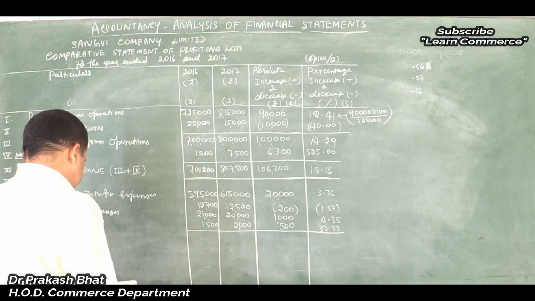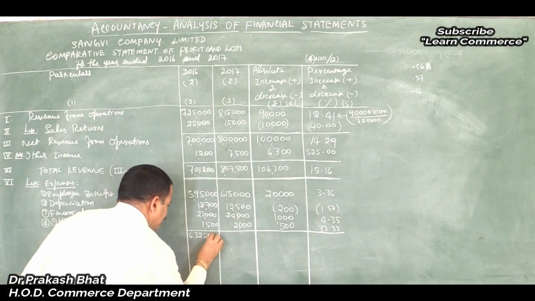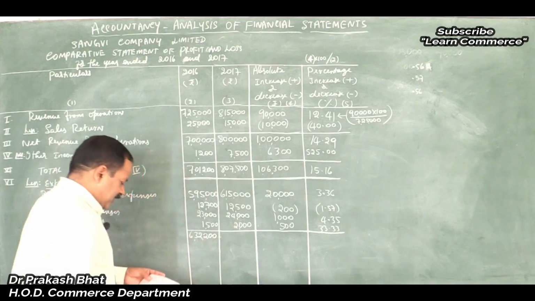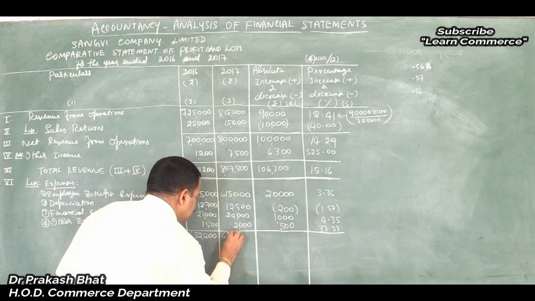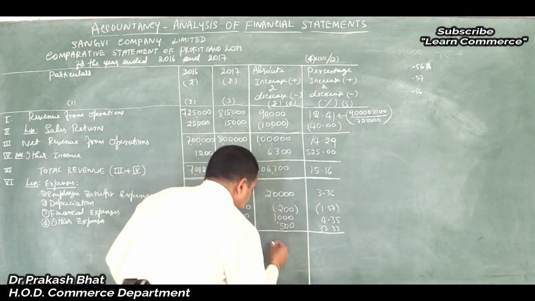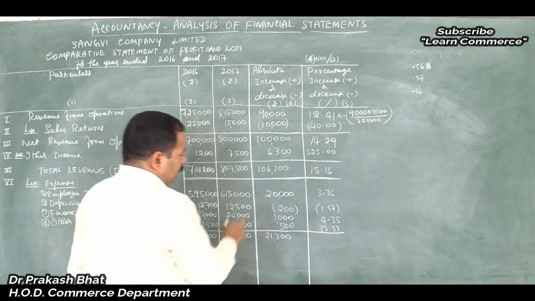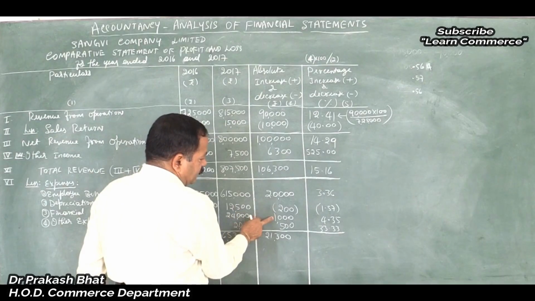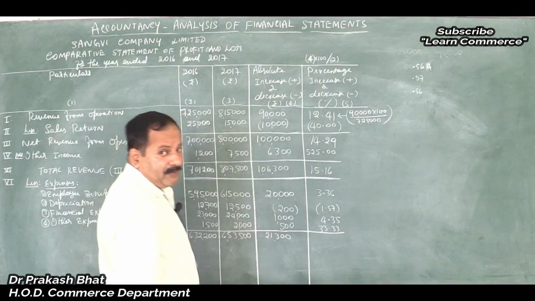How much is it? 632,200 and 653,500. The difference is 21,300. See friends, 20,000 plus 1,000, 21,000 plus 500, 21,500 minus 200. So 21,300. This is how you have to calculate.